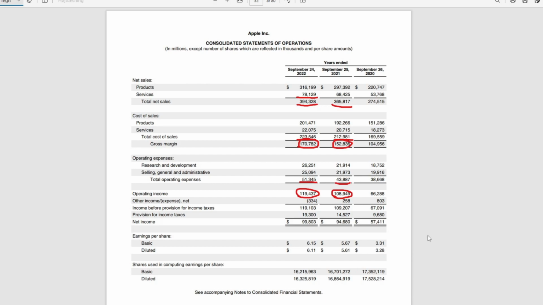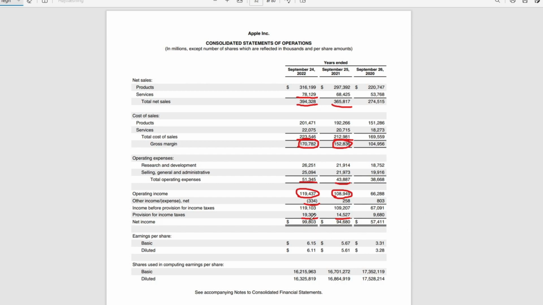In the other income and expenses section, we can see that Apple's interest income for 2022 was negative $334 million. Apple's income taxes for 2022 were $19 billion, up from $14 billion in 2021. This increase was due to higher earnings in foreign jurisdictions, which are subject to higher taxes.